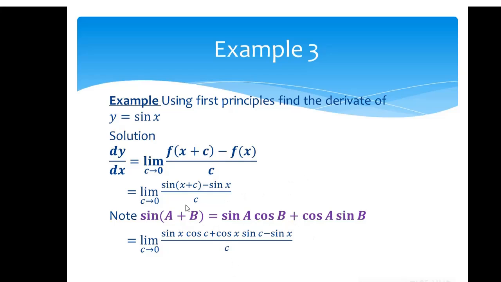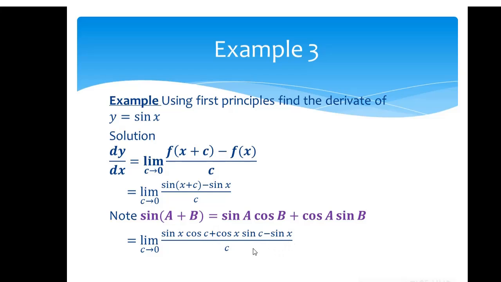Now we want to make use of this identity, which says that sine(a plus b) equals sine a cos b plus cos a sine b. This is the identity that we are going to use to expand sine(x plus c). So when we apply this identity, we get sine x cos c plus cos x sine c minus sine x.